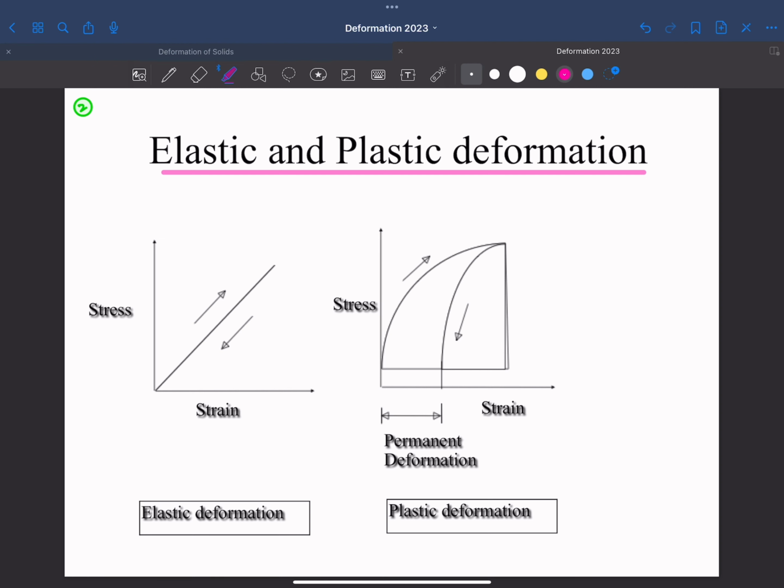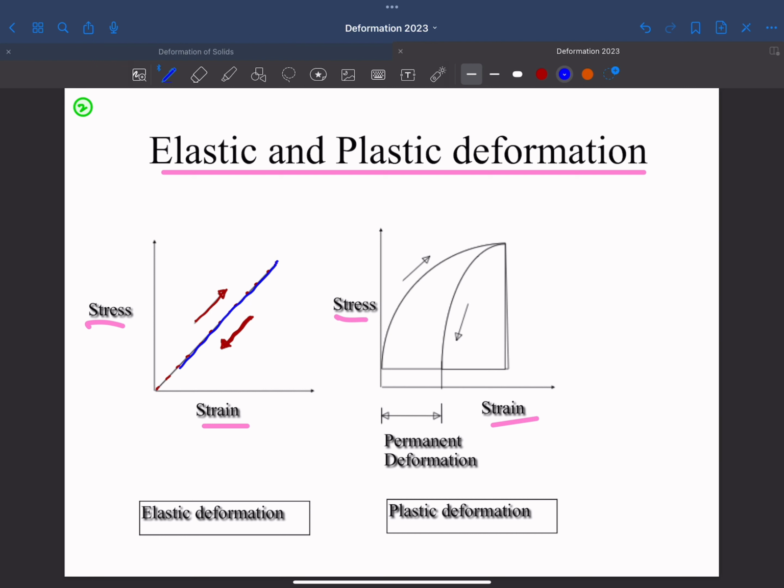Suppose you have two graphs between stress and strain. Over here you have the same quantities, stress and strain. But what you can observe is that in the first graph you are loading, suppose, a spring or a string, and the line is straight, and when you are unloading or removing the load, the graph is going back to its original position.